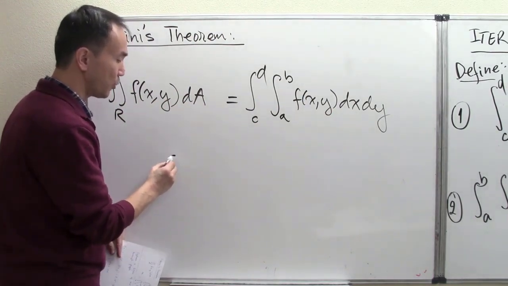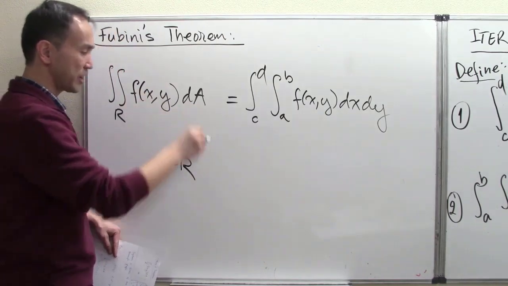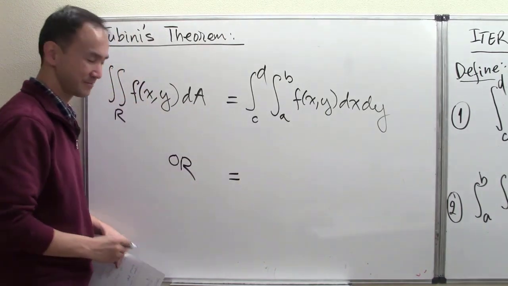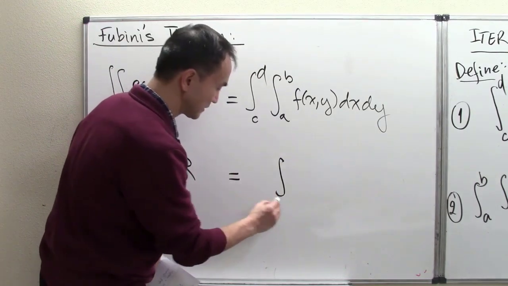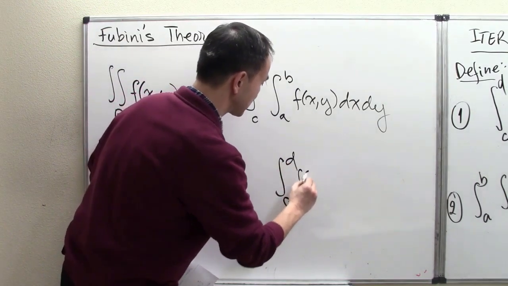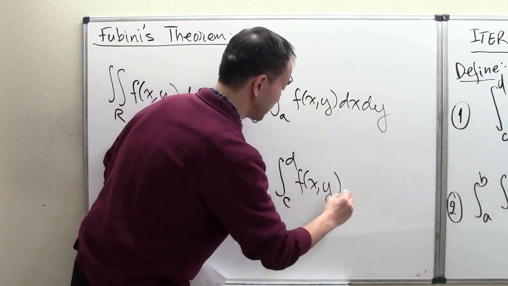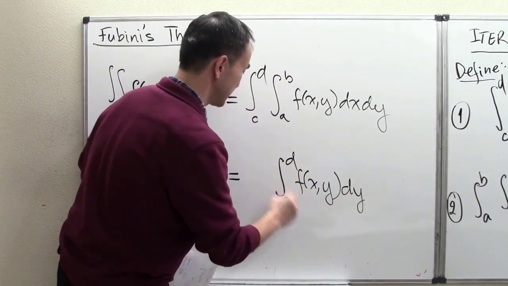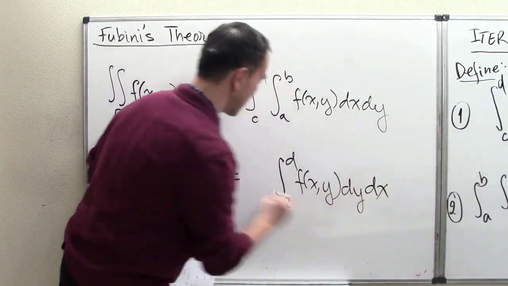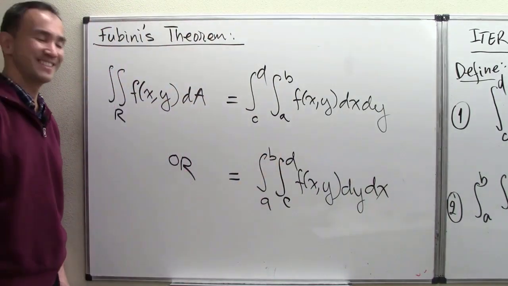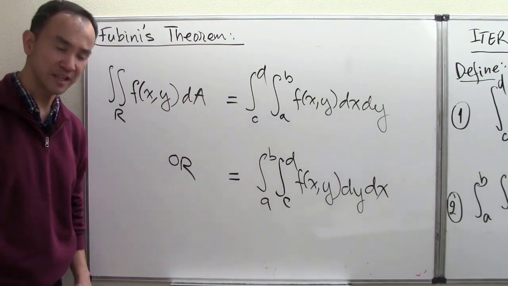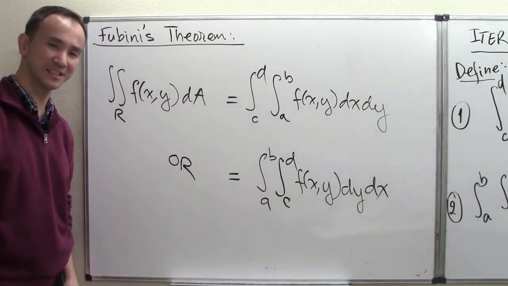Or that same double integral can be obtained by doing the other iterated integral, integrating from c to d on this function with respect to y first, and then with respect to x from a to b. That's what Fubini's theorem is stating here for us.